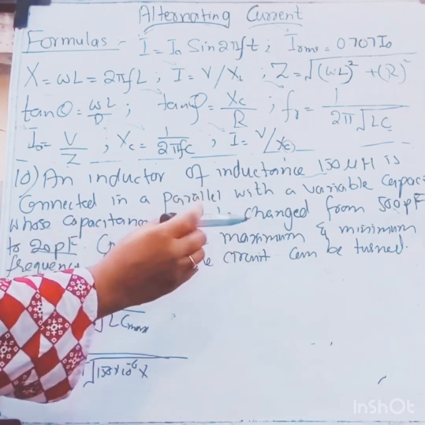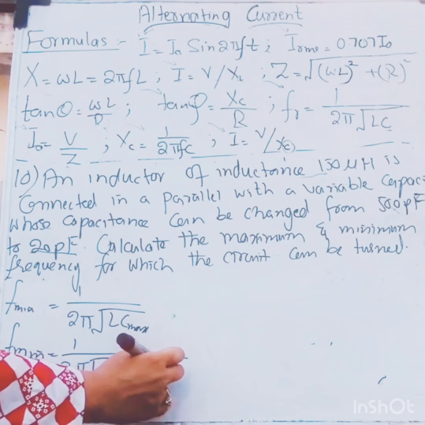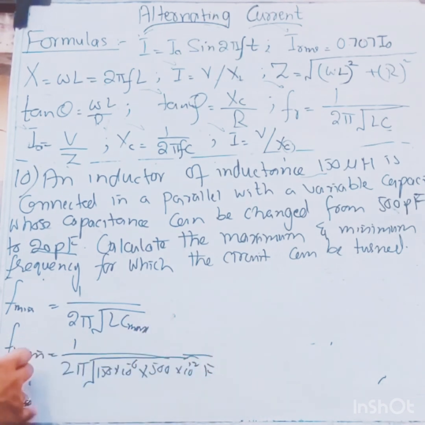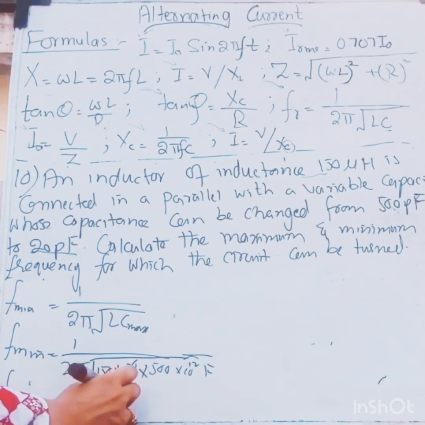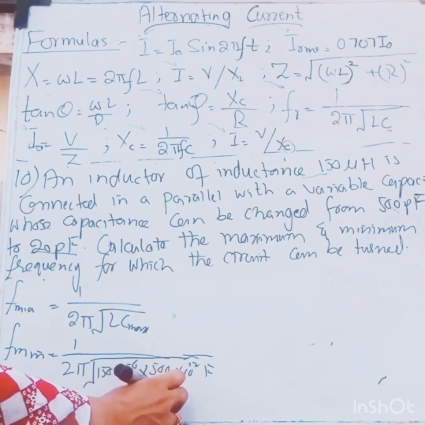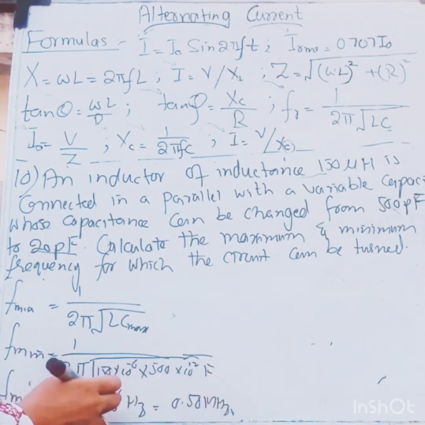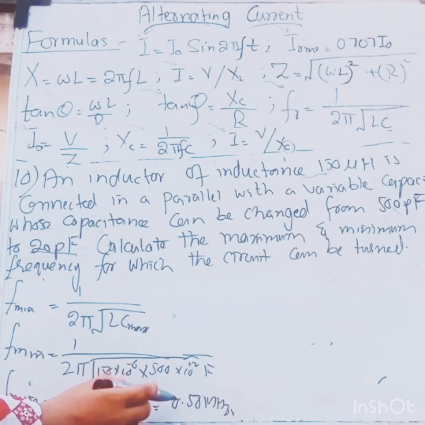C maximum is 500 pF, 500 into 10 to the power minus 12 F. Similarly, after calculation, I get 0.58 into 10 to the power 6 Hertz, or 0.58 megahertz. So that is the minimum frequency.